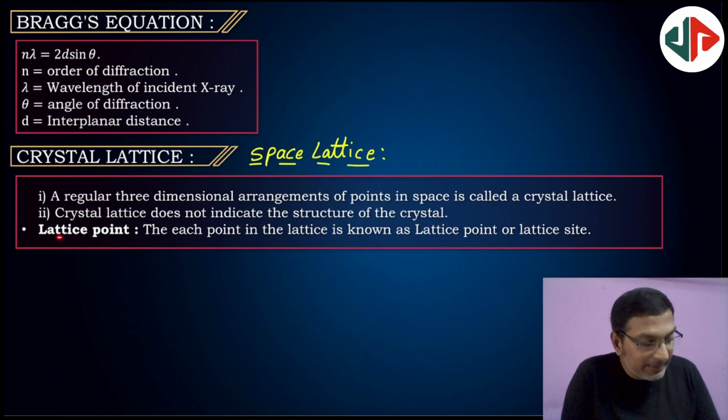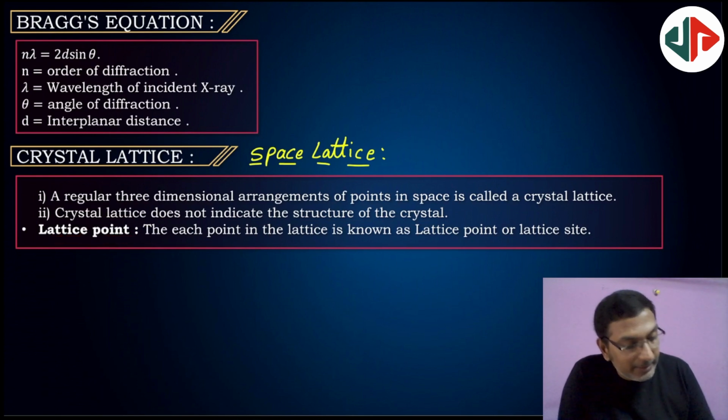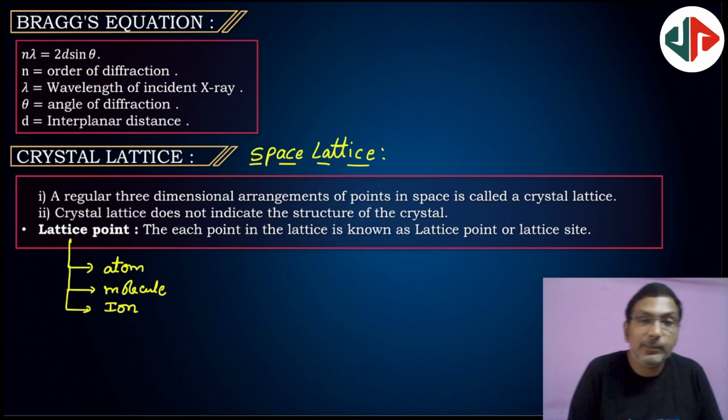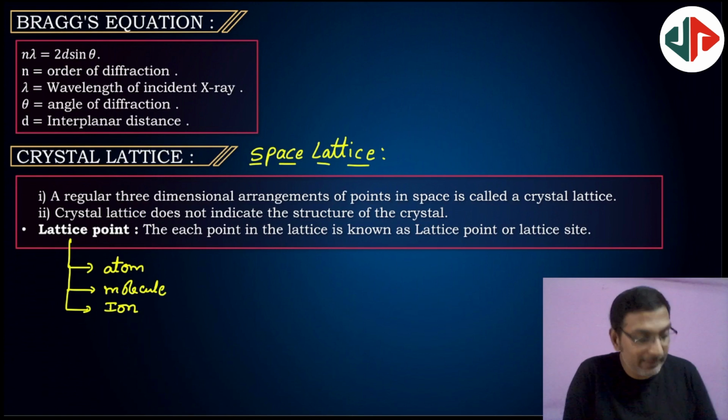So what is a lattice point? A lattice point can be either an atom or a molecule or an ion. Lattice point means the constituent particle in the crystal lattice. So crystal lattice or space lattice is a regular three-dimensional arrangement of lattice points in space.